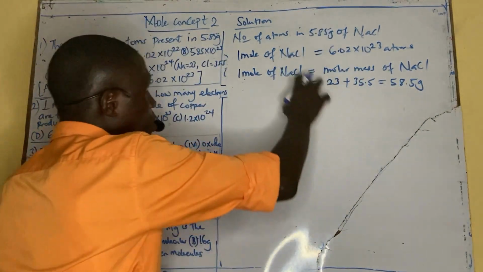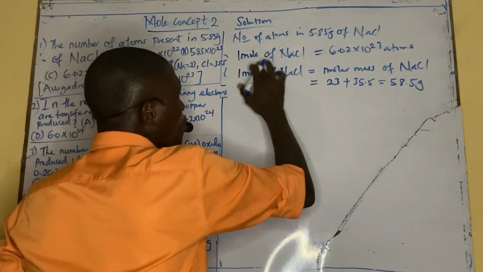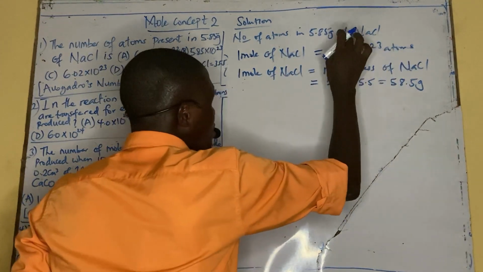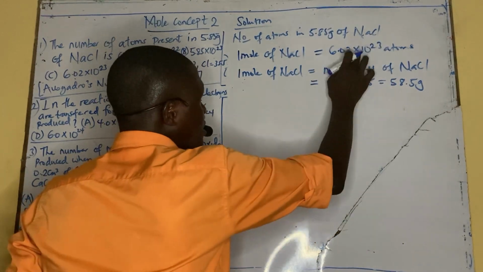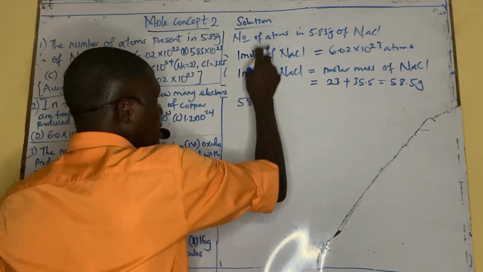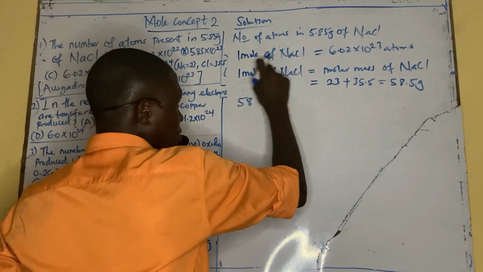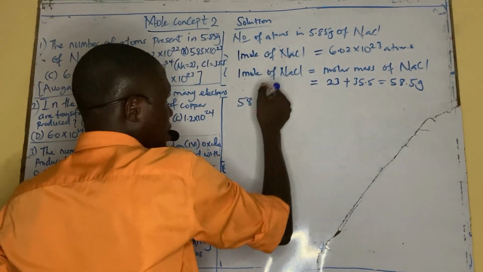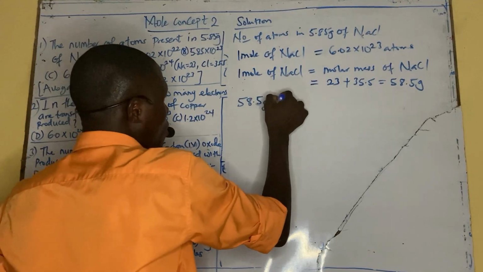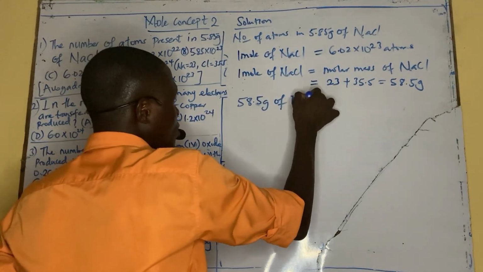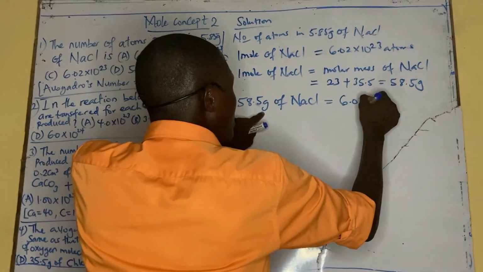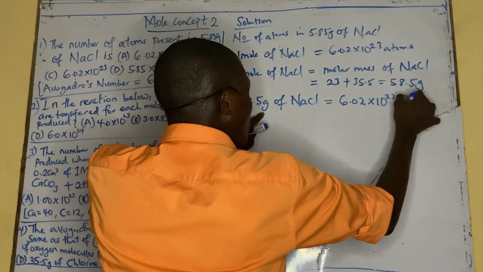So instead of having 1 mole of sodium chloride equals 6.02 times 10 raised to the power 23 atoms, we now say 58.5 gram of sodium chloride is equivalent to 6.02 times 10 raised to the power 23 atoms.